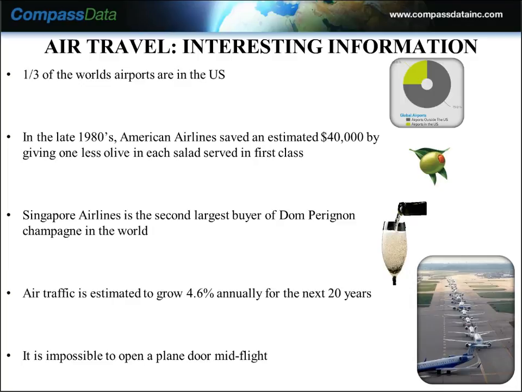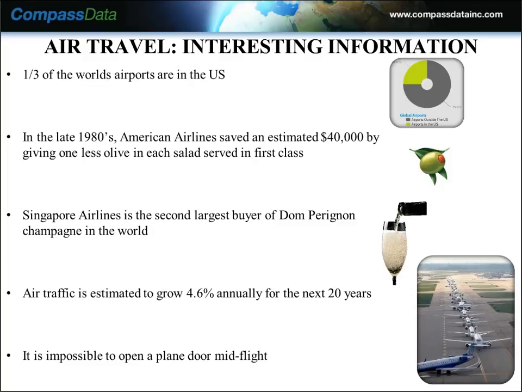But how does all this information relate to the market of aviation? If we consider this market that has an annual revenue of $7.5 billion, where you can save $40,000 by providing one less olive on first-class salads on a single airline, with one third of the airports in the U.S., you can start to imagine the impacts and efficiencies we as geospatial professionals can bring to the table.